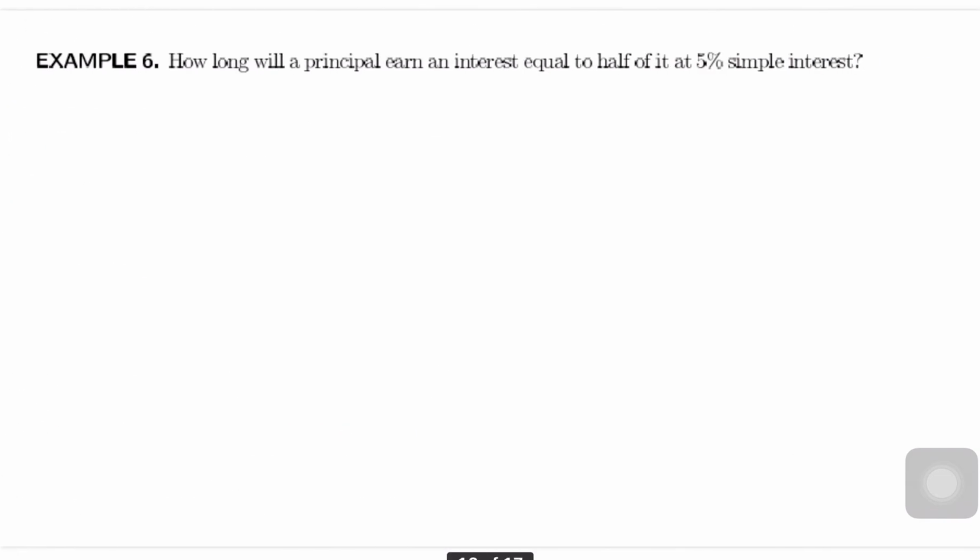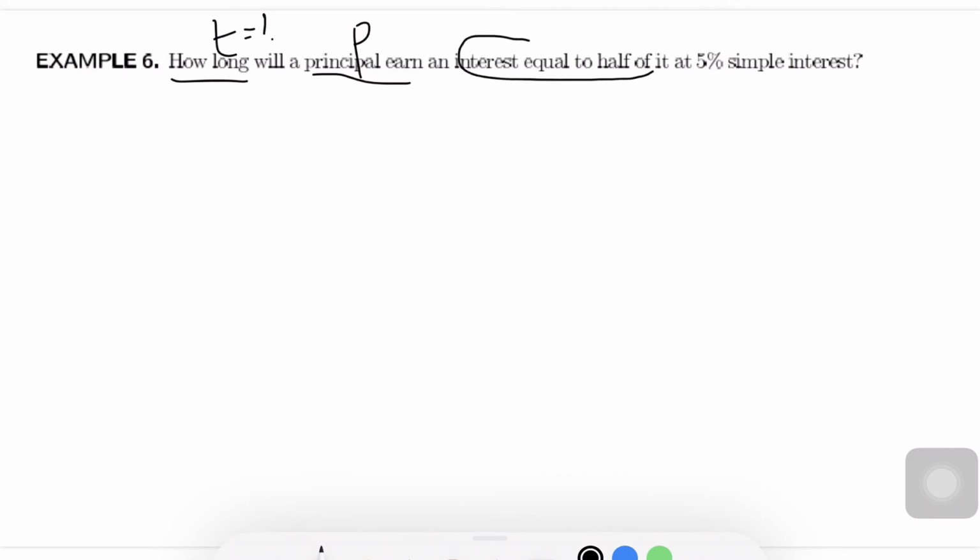Number 6. How long will a principal earn an interest equal to half of it at 5% simple interest? This is a bit tricky. How long means time, we're asked to find time. There's no amount given, so let's just say the principal is P. To earn an interest equal to half of it, meaning I is P over 2.